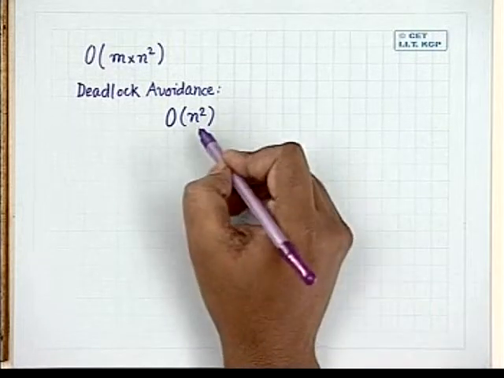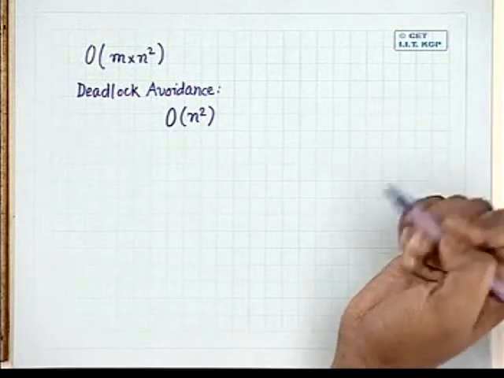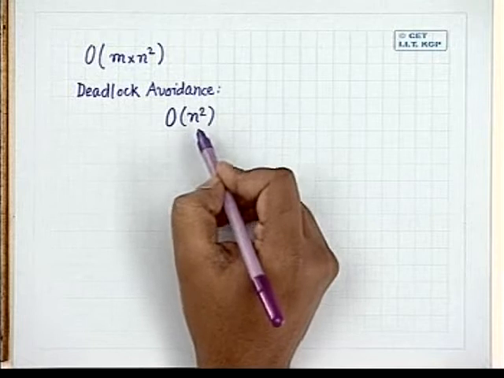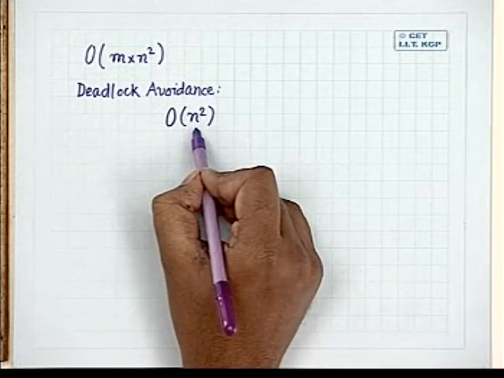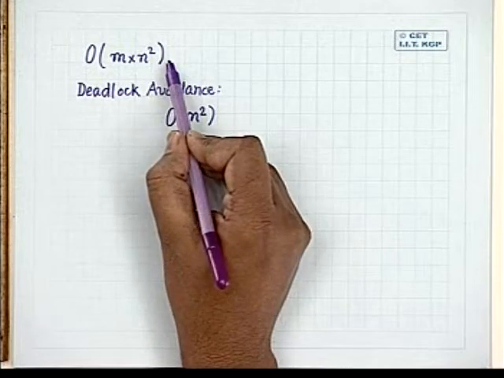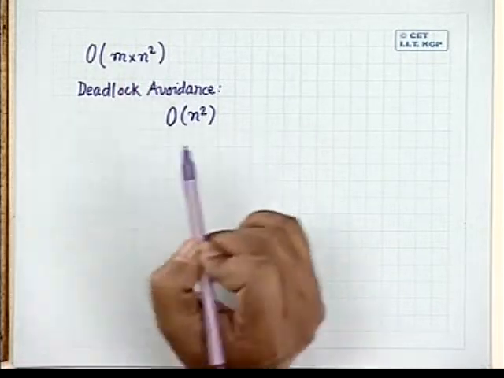Okay, so this cycle detection is required both for deadlock avoidance as well as for deadlock detection, right? So in both the cases, the time complexity will be of order n square, whereas if we follow the usual Banker's algorithm, the time complexity will be of order m into n square.